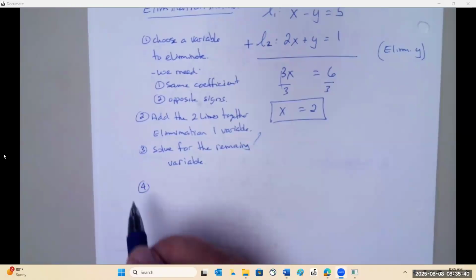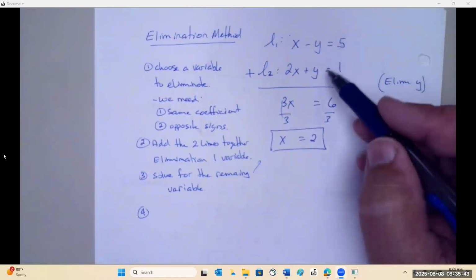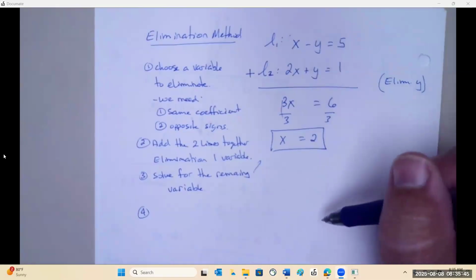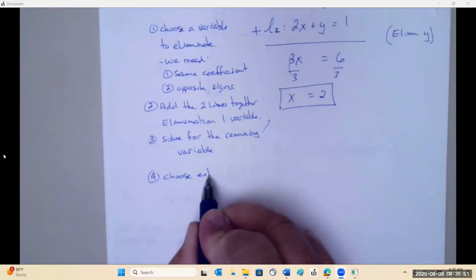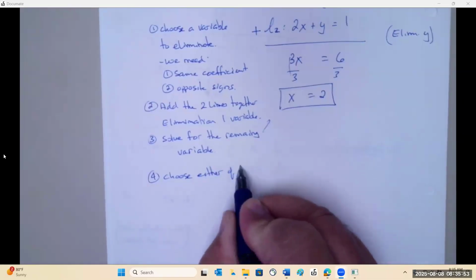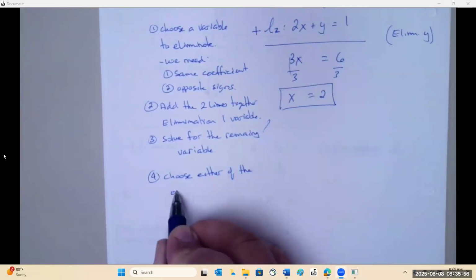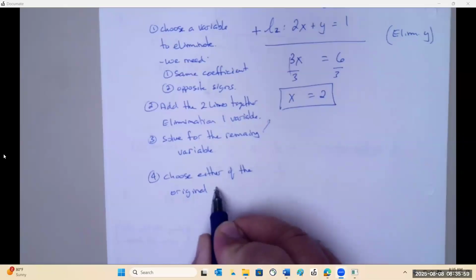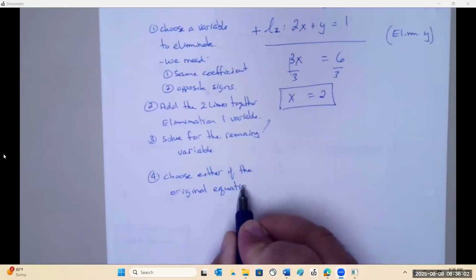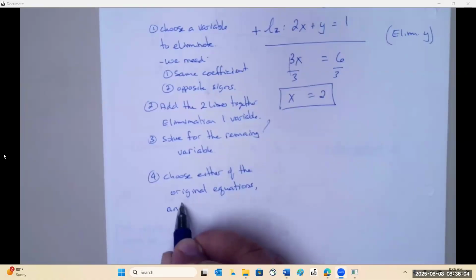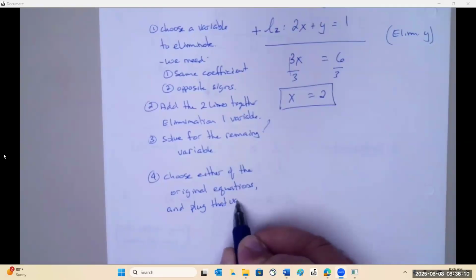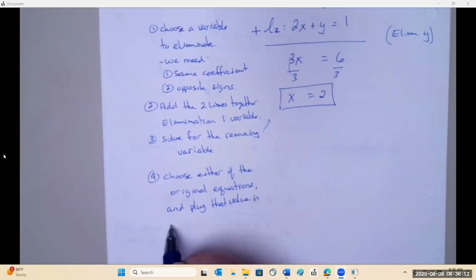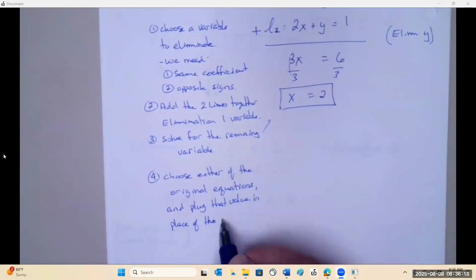Now, the next step, since we used both lines to get to the solution, choose either of the original equations and plug that value in place of the variable.